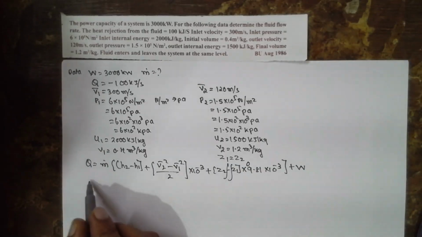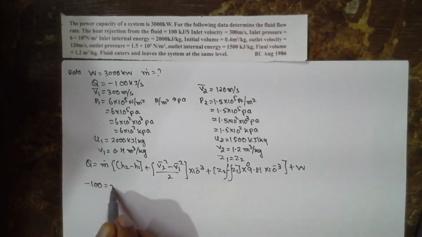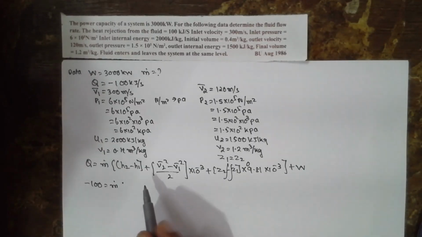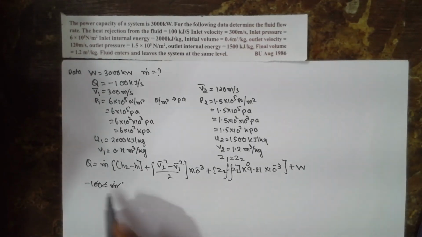Now Q value is minus 100. M dot we need to find out. Before that, we need to find out H2 minus H1.